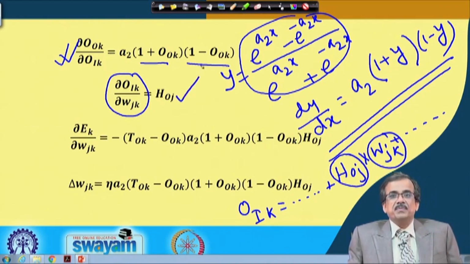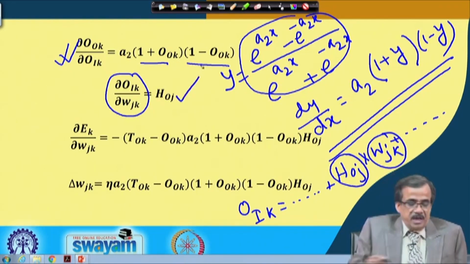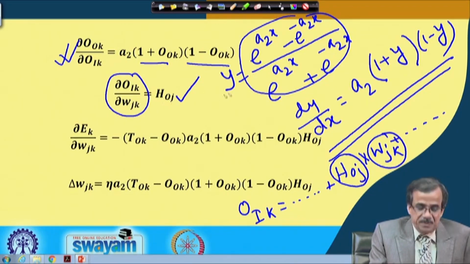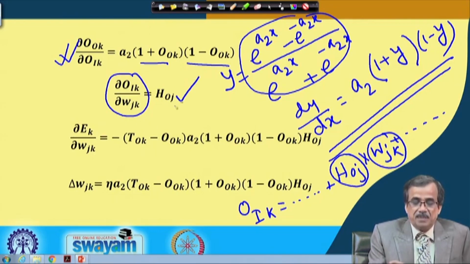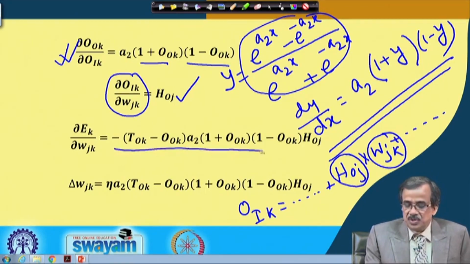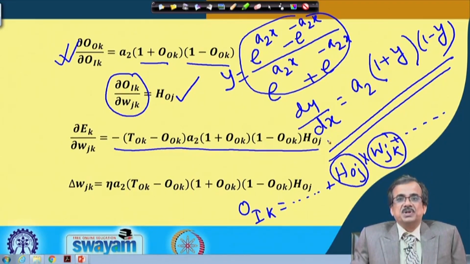So, very easily we can find all the derivatives, and once you have got all of them, we are in a position to determine del E_k by del w_jk. We substitute all the expressions, and we get the final expression.